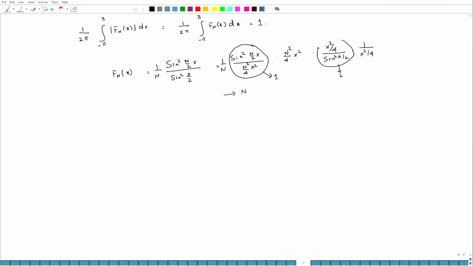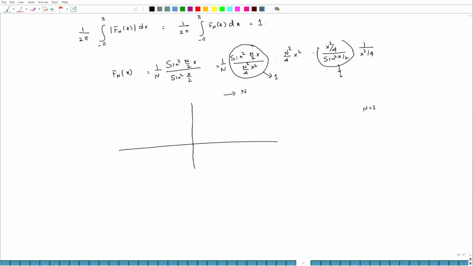So, let us try to sketch this. Suppose we take n equal to 2. Let us figure out where f n x is going to be 0.